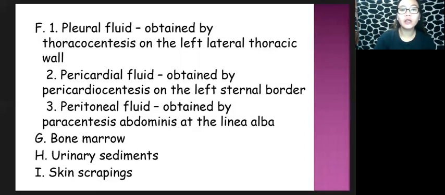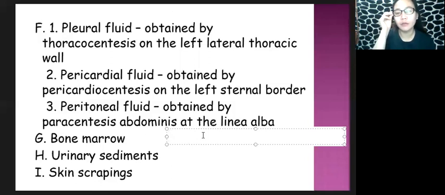There are instances wherein the type of sample that we are going to collect only has very low amounts of cells. Actually, most of the fluids that are collected from our patients usually contain just your cells.